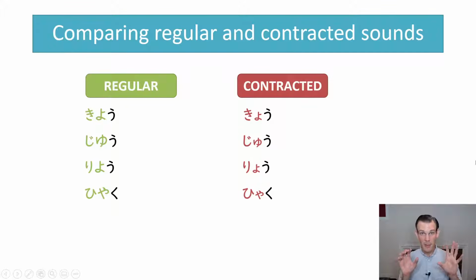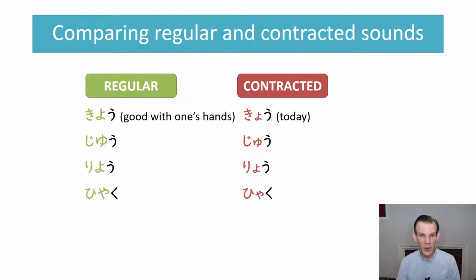Let's compare some words where the only difference is whether the sound is contracted or not. I'll read them both, and make sure you can hear the difference between them. First, kyo, kyo. Kyo is good with one's hands. Kyo is today.